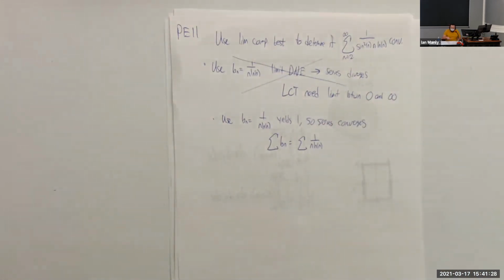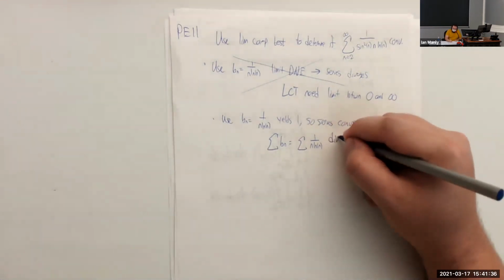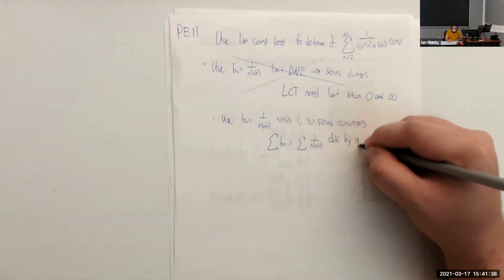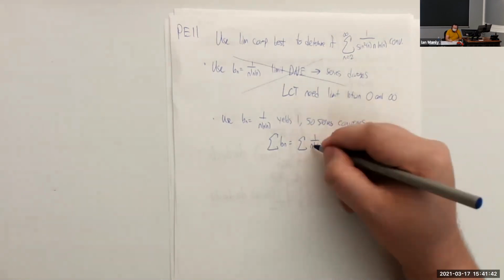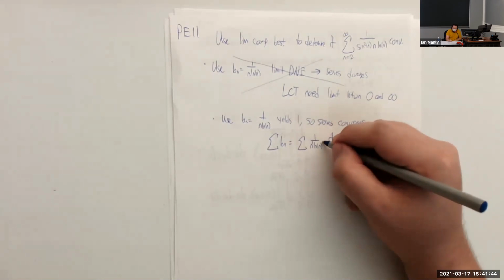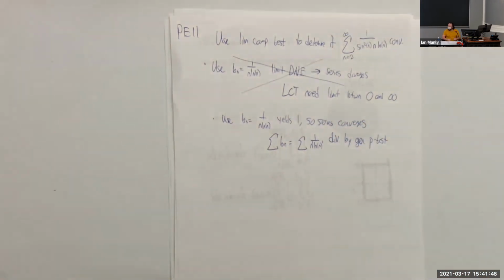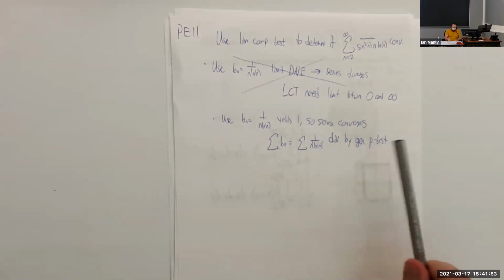Is this going to converge or diverge as a series? This is going to diverge, and it diverges by the generalized p-test, because we have 1 over n to the first power, and we have ln of n to the first power as well.